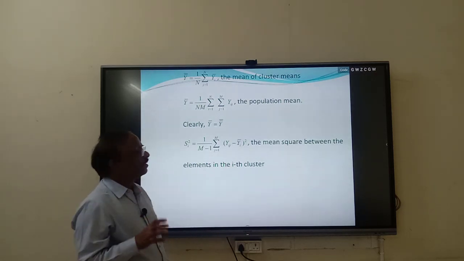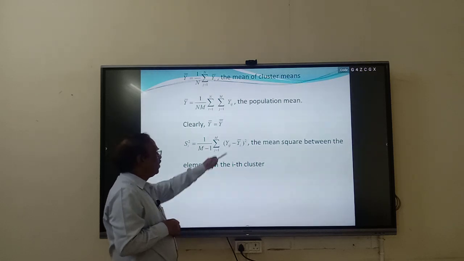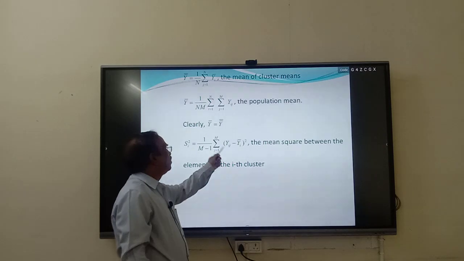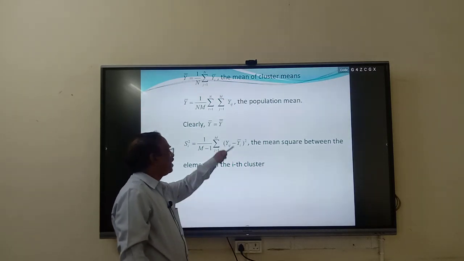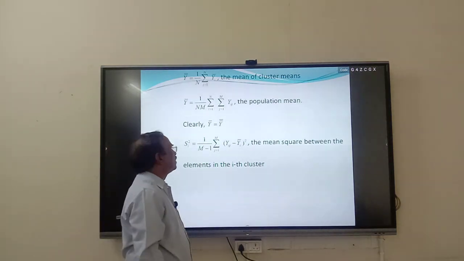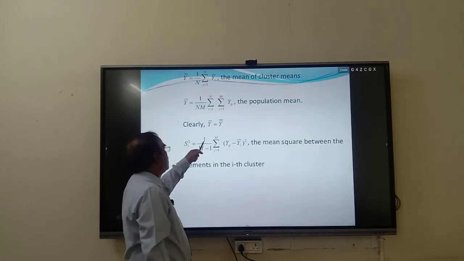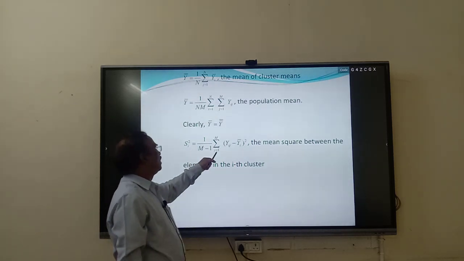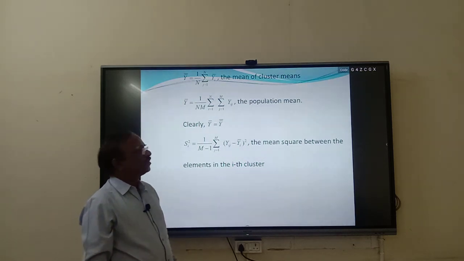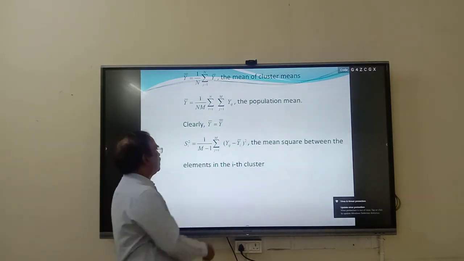Since there are capital M units in the ith cluster and we are denoting by Yij the jth unit in the ith cluster, and yi dot bar is the mean due to the ith cluster, this Si square, which is equal to 1 by M minus 1, sum j goes from 1 to M, Yij minus yi dot bar whole square, will be the mean square error due to the ith cluster.